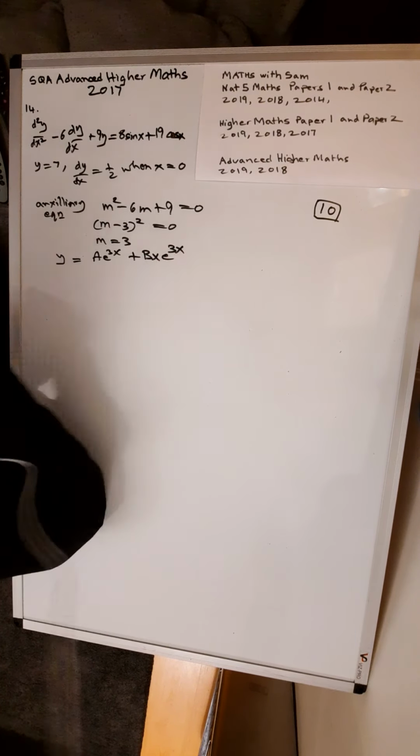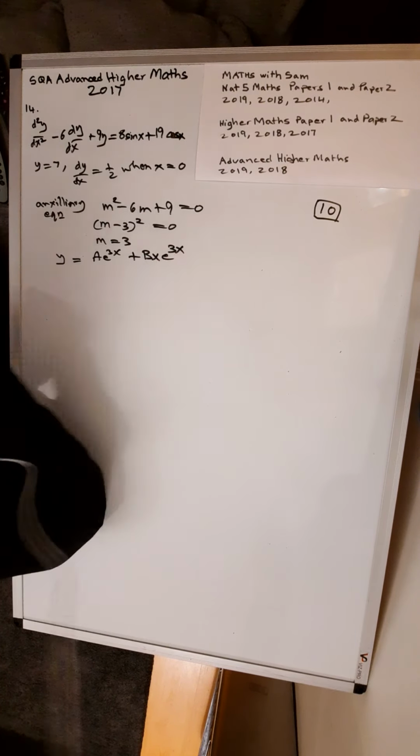You differentiate this, so dy by dx is equal to c cos x minus d sin x, and d squared y by dx squared is equal to minus c sin x minus d cos x.